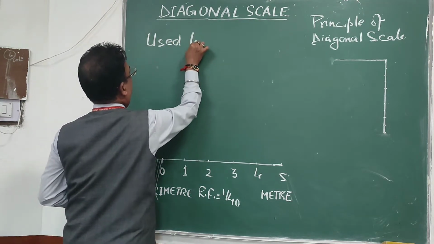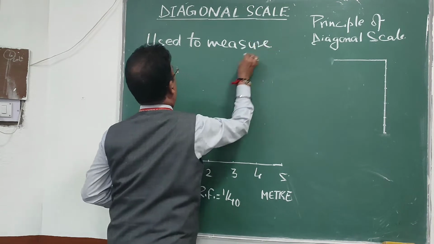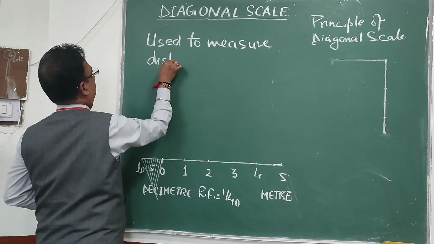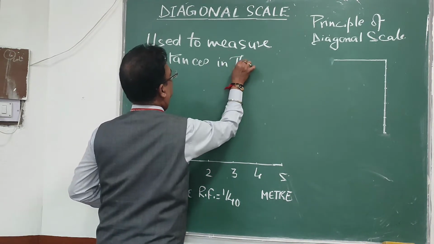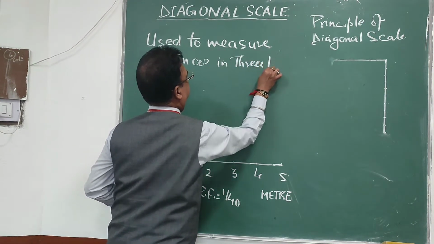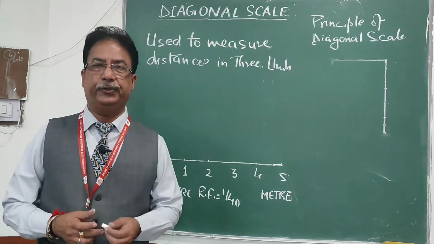So this is used to measure distances in 3 units, and the 3 units are exactly the consecutive units.